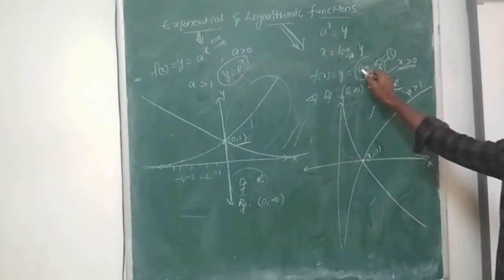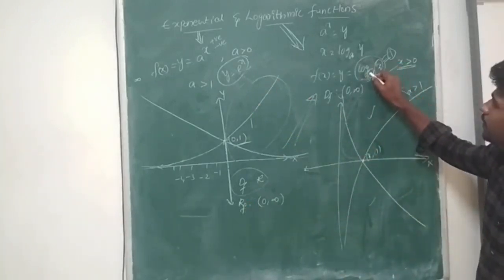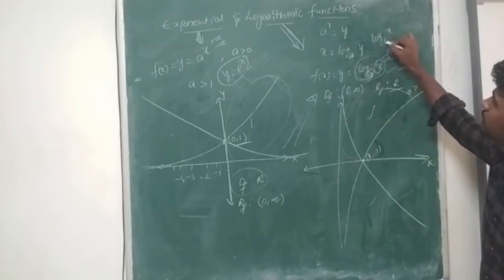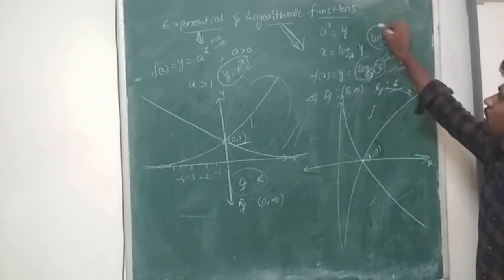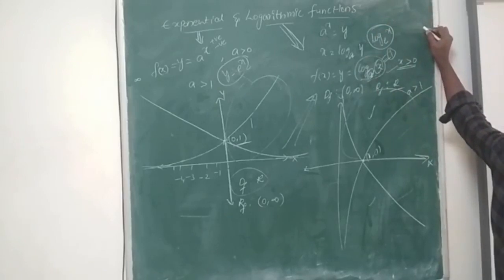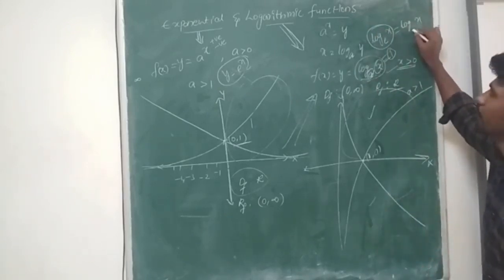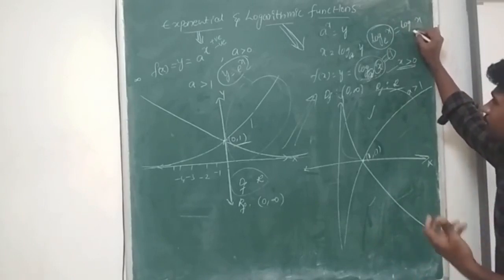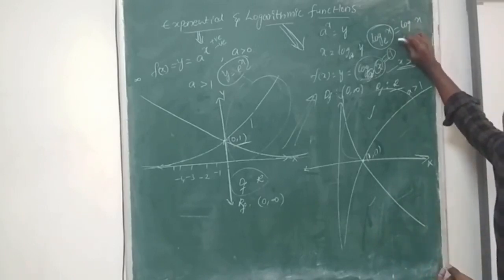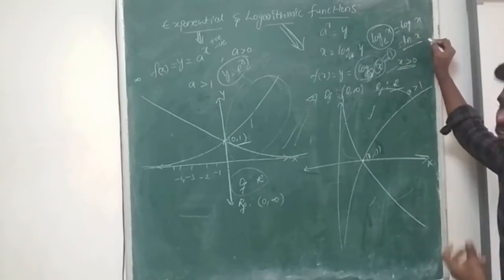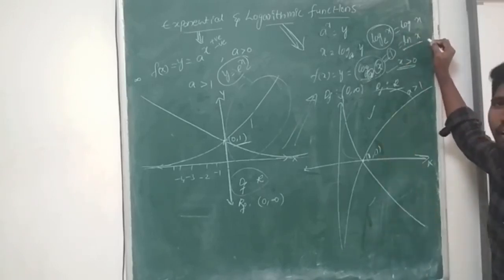If in logarithm of x to the base a, a is replaced by e, we get log x to the base e. These types of functions are called natural logarithmic functions. This can be written as log x, where we don't mention any base, it takes the base as e, or we can write it as ln x. In this way we indicate the logarithmic functions.